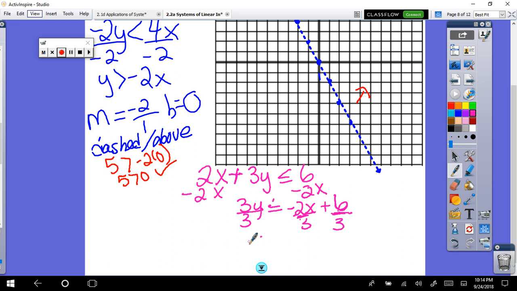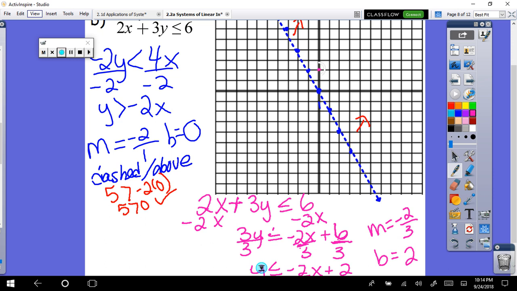So no need to flip the inequality. So y is less than or equal to -2/3 x, and 6 divided by 3 is +2. So this one has a slope of -2/3 and a y-intercept at +2.